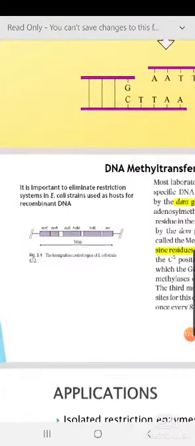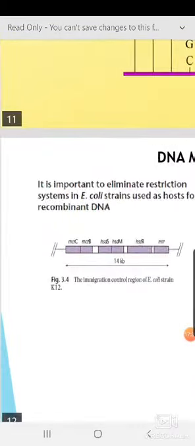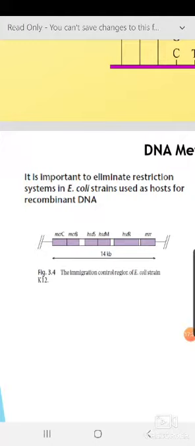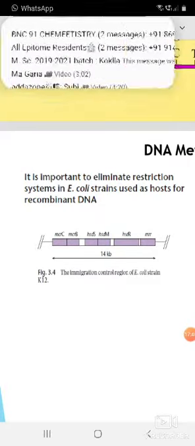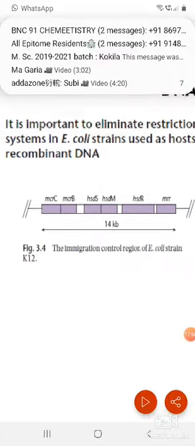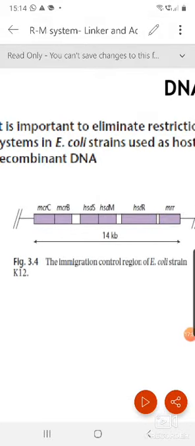This side, left hand side, you need to know; this is a very important feature in recombinant DNA technology. It is important to eliminate the restriction system and modification system both in the E. coli strain to use as a host for recombinant DNA. Now this is a 14 kb, so far I remember, sequence, the immigration control region of the E. coli strain.